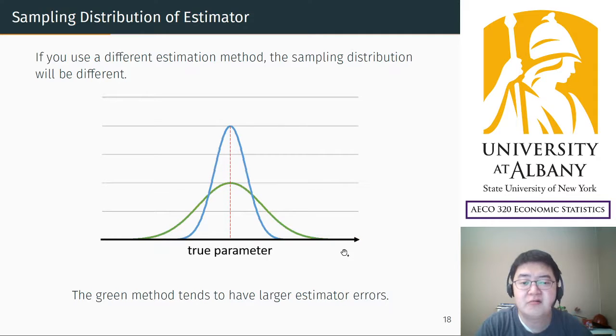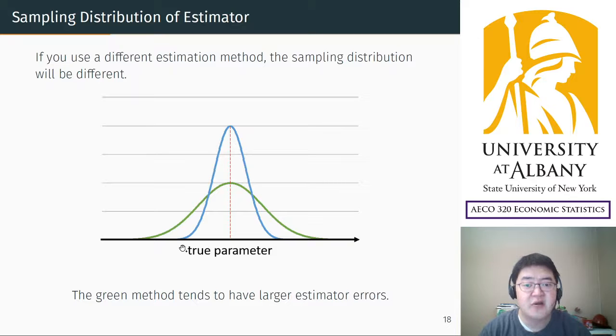Or you may compare these two. For example, the blue and the green are both centered at the true parameter, which is good. So both are correctly centered, but their problem is the spread, the dispersion. Green has larger variance, which means that when you use the blue estimator, the probability outside this much area, the probability smaller than this point, is very small.